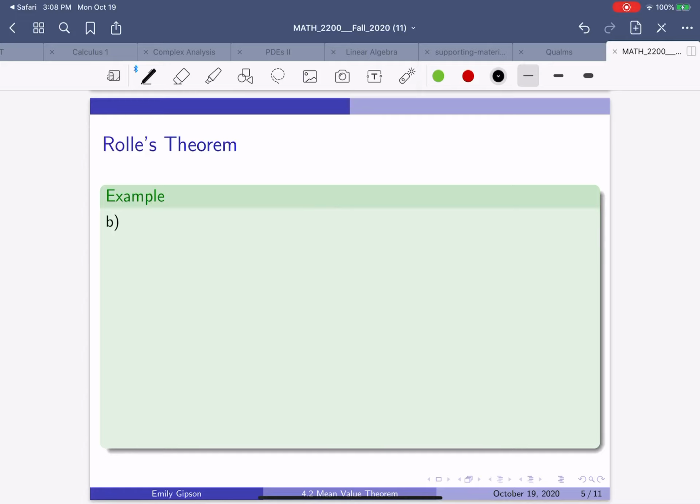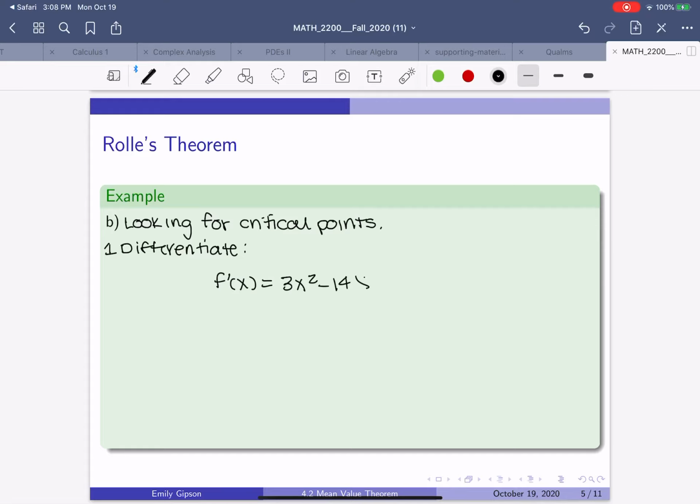So the first thing we do is differentiate. f'(x) is equal to 3x squared minus 14x plus 10.